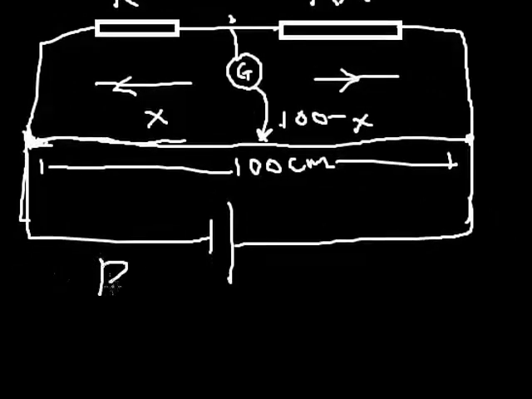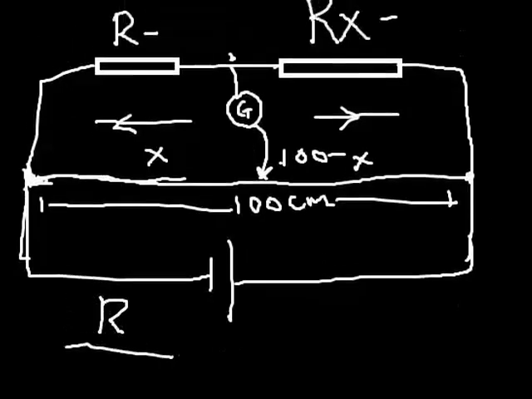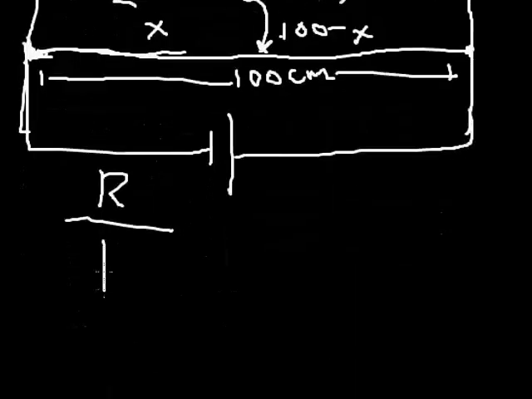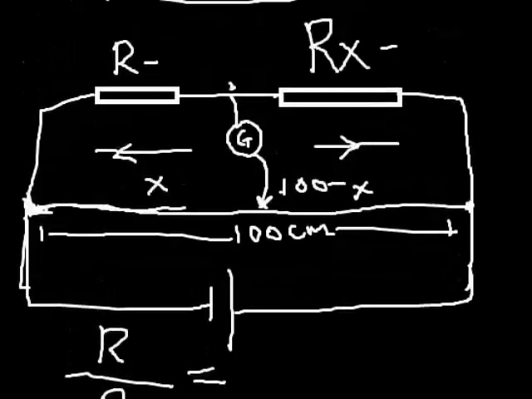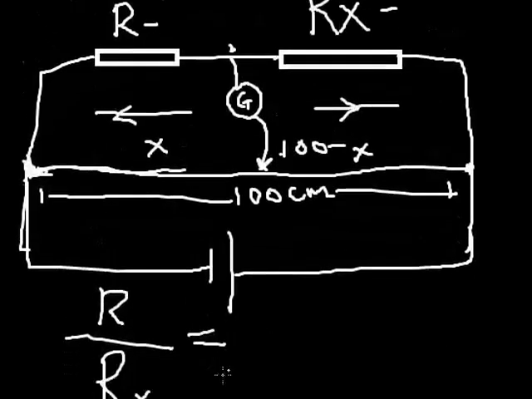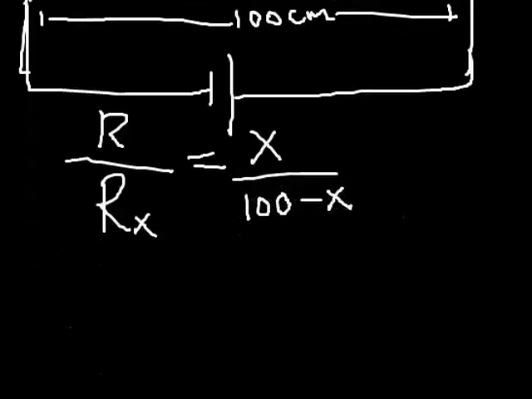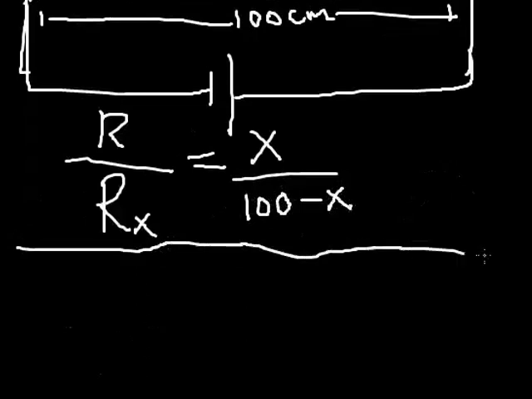We have R divided by Rx, which is going to be equal to the ratio of the balance length: X divided by 100 minus X. So R over Rx equals X over (100 minus X). That is the ratio relationship we normally use to evaluate a meter bridge.